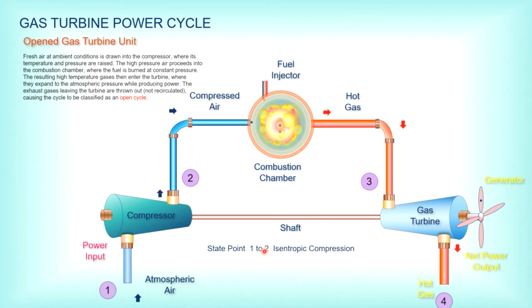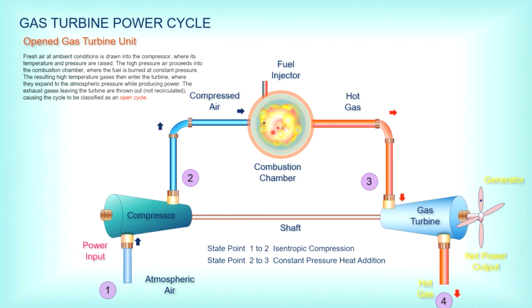State point 1 to 2, from here to here, undergoes isentropic compression. By now, you should know what isentropic is. This is constant entropy compression, so usually we exclude the heat transfer. State point 2 to 3 undergoes a constant pressure heating process.